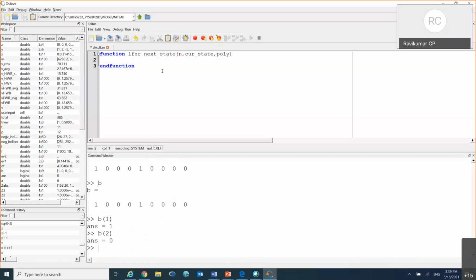So what I can try and do is polybits equals bitget. Take the polynomial which is given to you as a hexadecimal number and then go from n to 1. So start from 1 to n, but in the reverse sequence. I gave a -1 as an increment because I want to go from n to 1, decrementing as I.